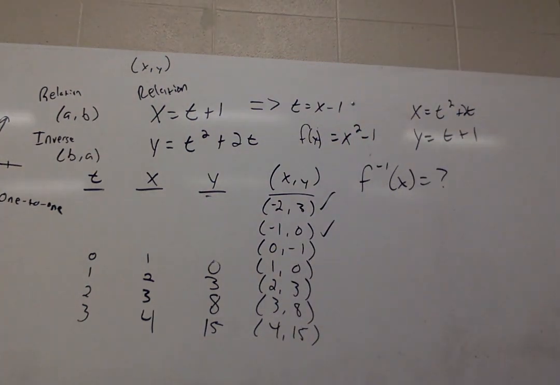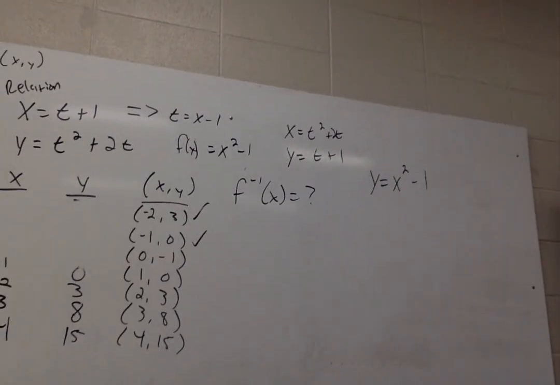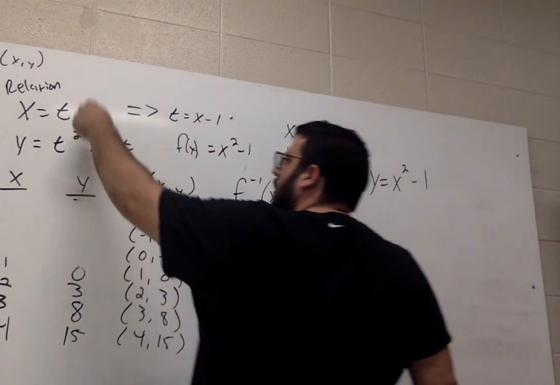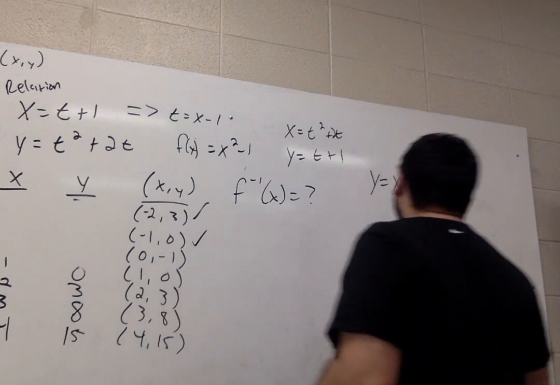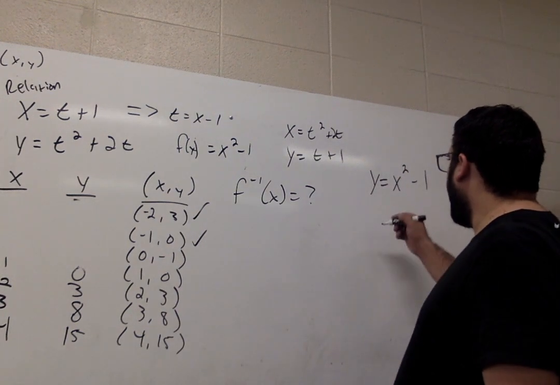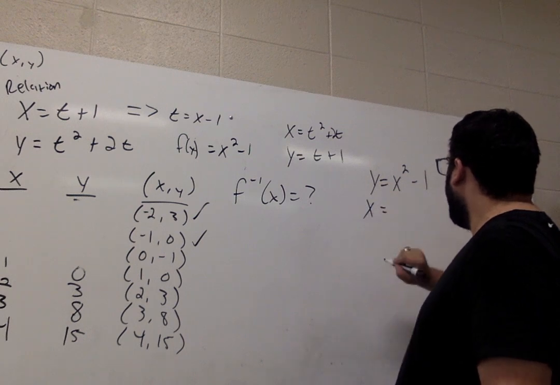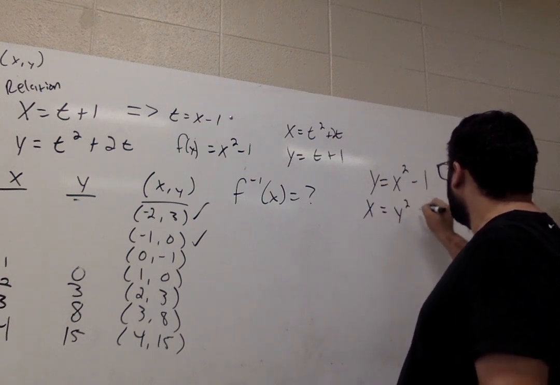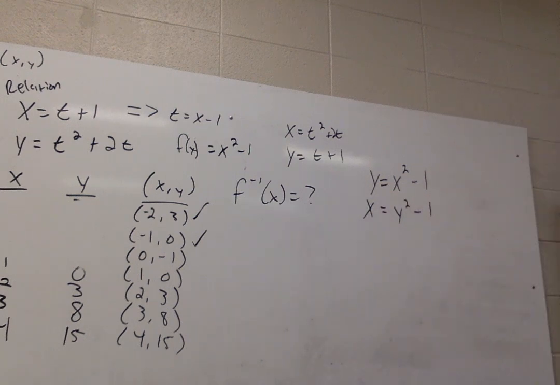Well, the first thing that I want to do is make sure I write it as y equals x squared minus 1. Now, why do I want to do that? I want to do that because just as we switch the x and y here to get the inverse relation, we're going to go ahead and switch the x and y here. So that now, x is now equal to y squared minus 1. Okay.